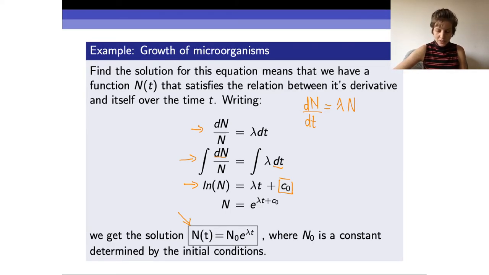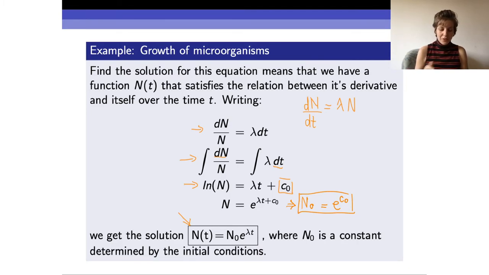So here I just say that n0 is equal to e to the c0. Okay, so yeah, we still would need to find n0, which is a constant that's determined by the initial conditions.